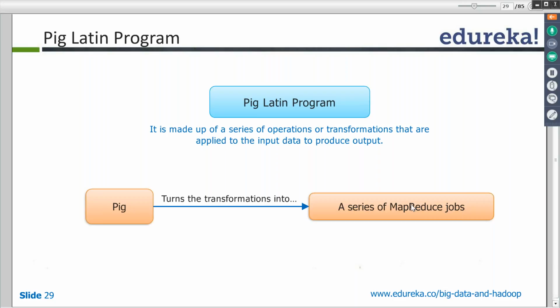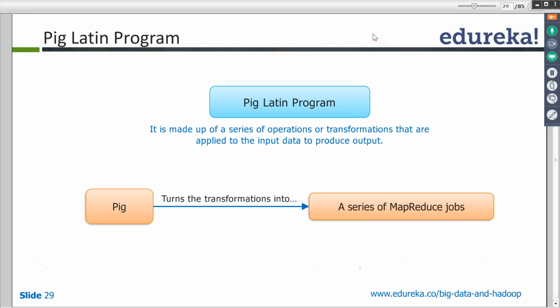Ultimately, you are writing it in a single program. But Pig, as it is triggering MapReduce jobs for this, cannot guarantee that everything can be done in a single MapReduce. So Pig will definitely trigger a series of MapReduce jobs. It will trigger multiple MapReduce jobs.